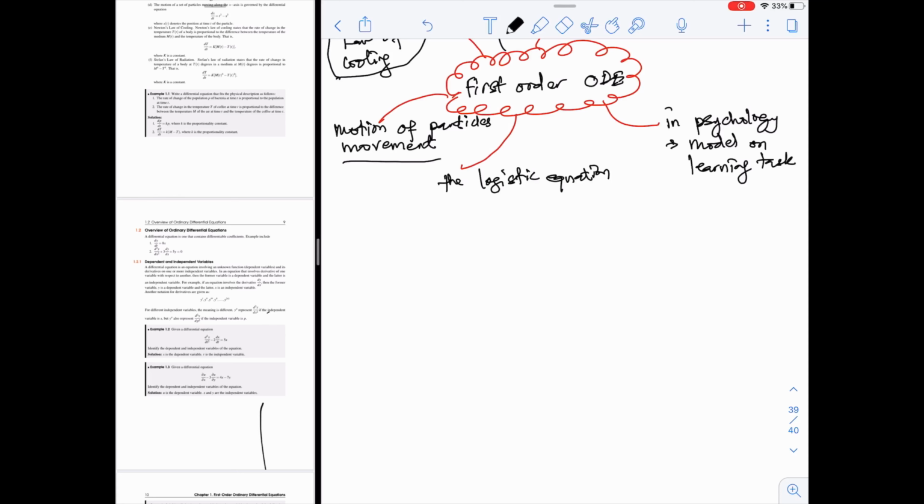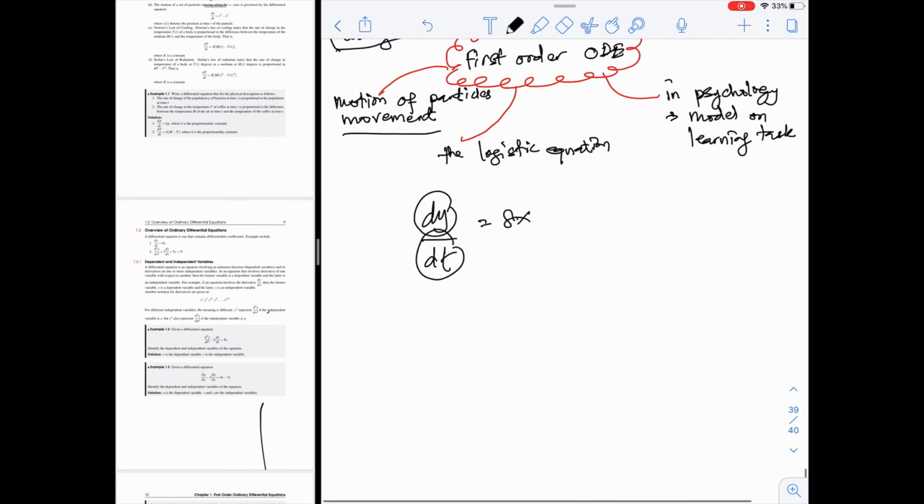The differential equation is one that contains differential coefficients. For example, if you have dy/dt equal to 8x, we call this a differential equation because we have the differentiable term here. Another example is if you have d squared y/dx squared plus 2 dy/dx equal to x.